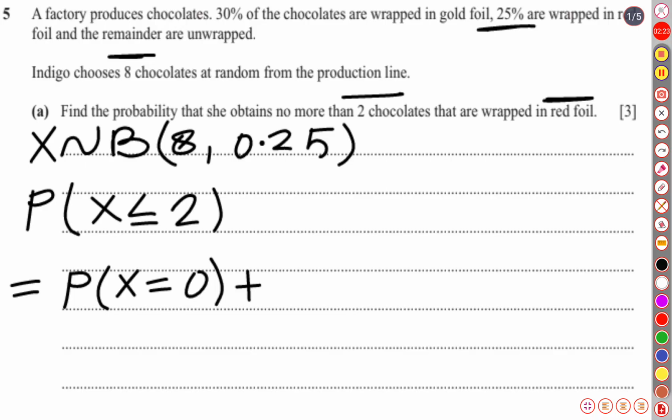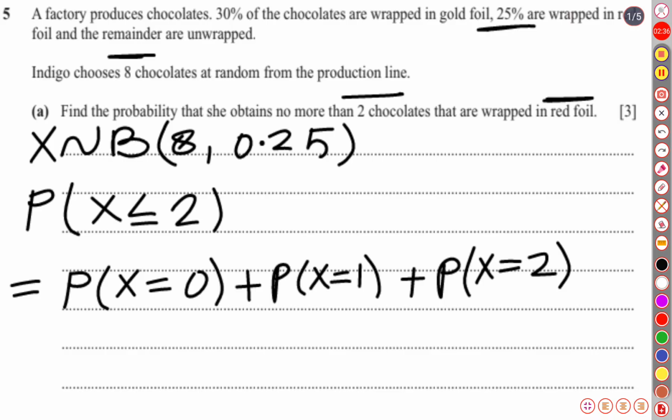Or she might pick up only one of the chocolates wrapped in red foil. Or at maximum she might pick 2 chocolates which are wrapped in red foil, and not more than that.